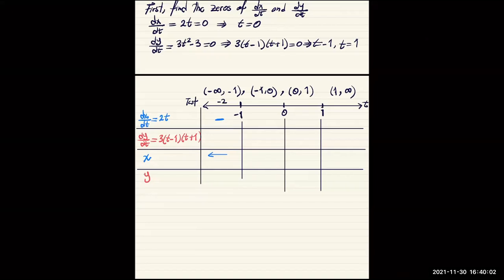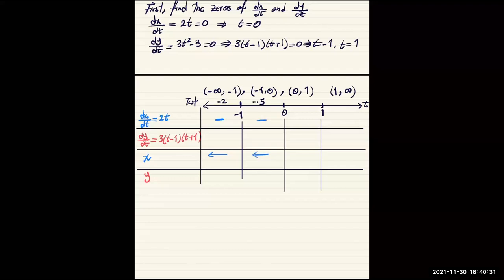Let's just do dx dt first, and then we'll do dy dt. Over the interval from -1 to 0, you can test, let's say, -0.5. Put that into dx dt, you get 2 times -0.5, that's still a negative, which means that the motion is still leftward.